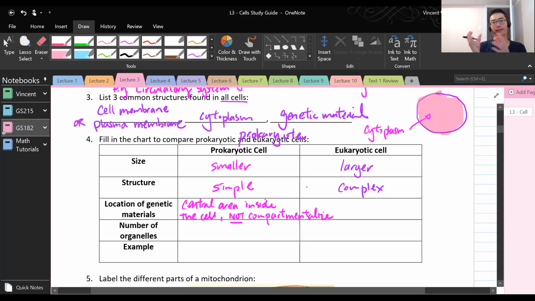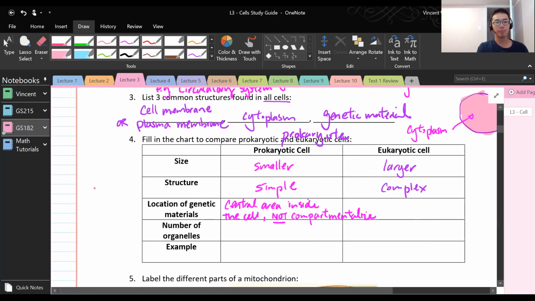That means it's not in a separate area, just hanging around in the middle. So if you think about a bacterium, singular, then the genetic material would just be hanging around in the middle. Bacteria sometimes have circular DNA as well that is floating around.